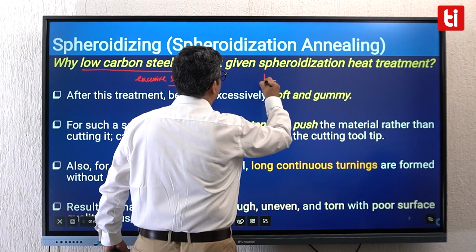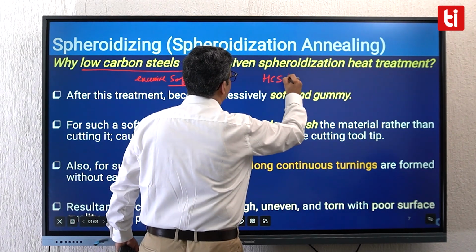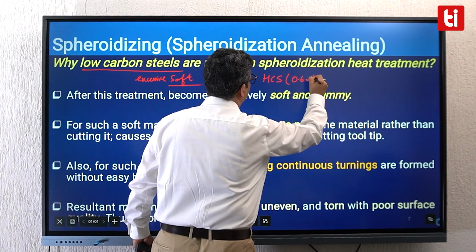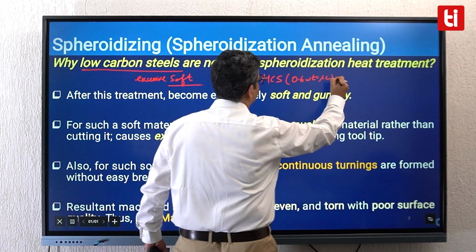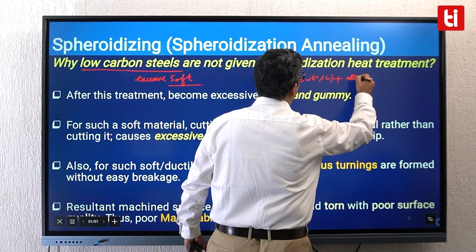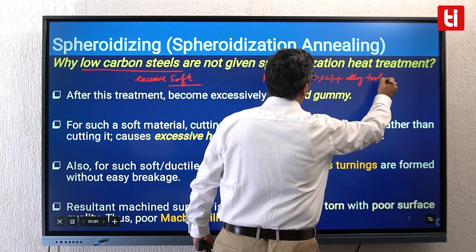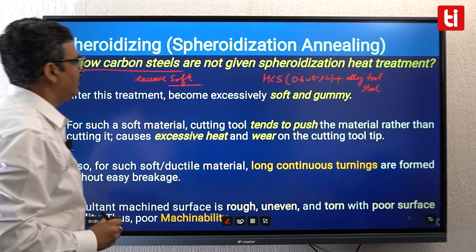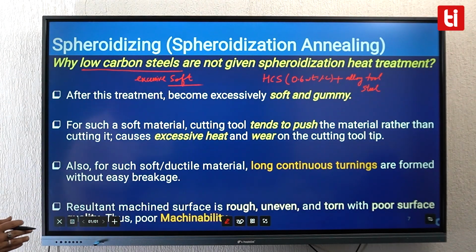It is only meant for high carbon steels, steels which have in excess of 0.6 weight percentage carbon, plus any alloy tool steel can also be given this treatment.